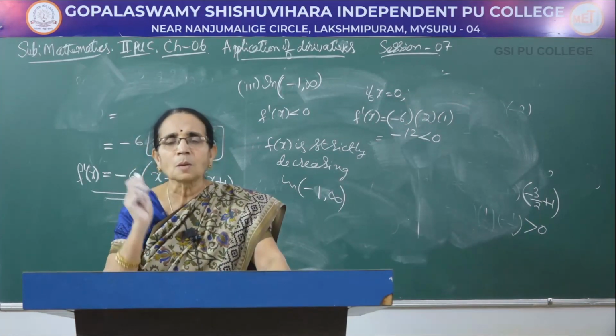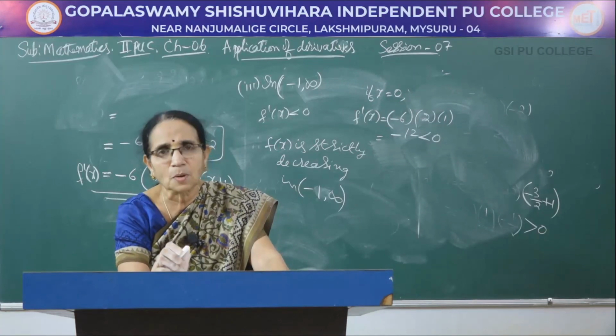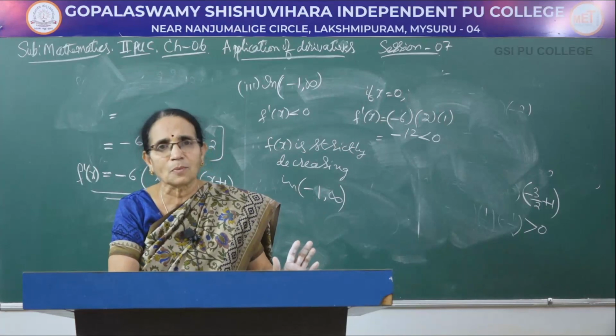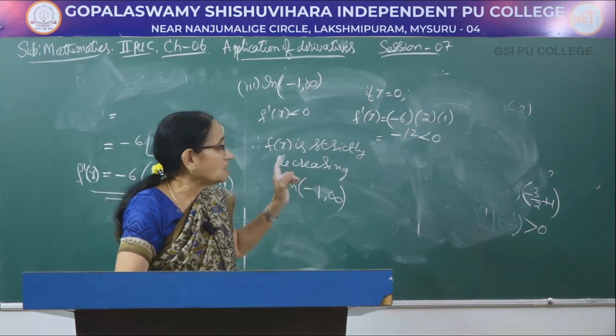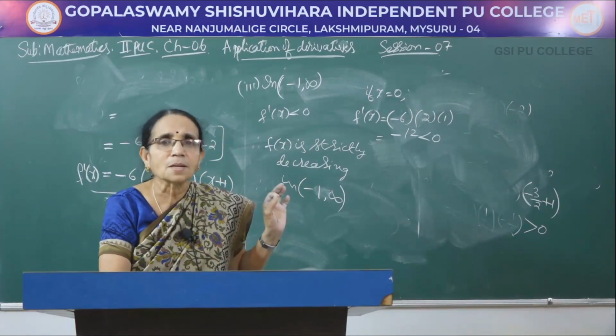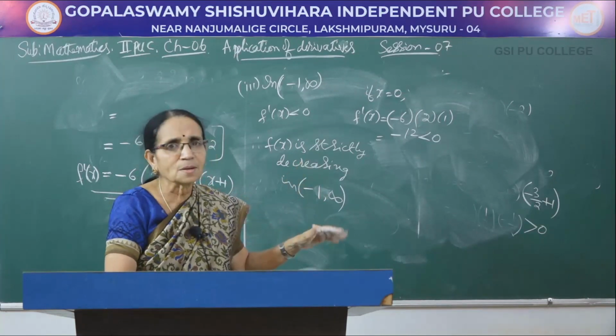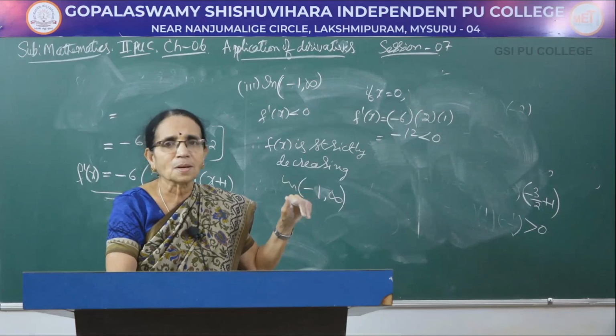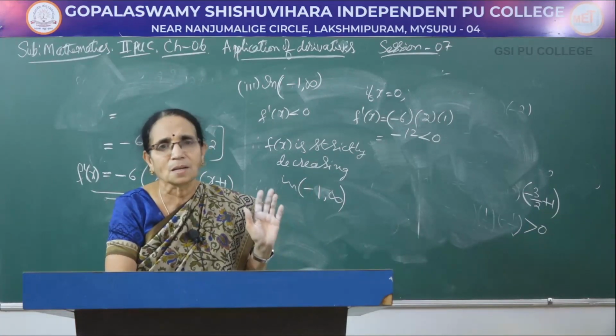But in this polynomial function, the first term is minus 2x cube. Because of that, here also we have 3 intervals, but here in 2 intervals the function is decreasing. So, first decreases, increases, again decreases. In the earlier problem, increases, decreases, and again it is increasing.